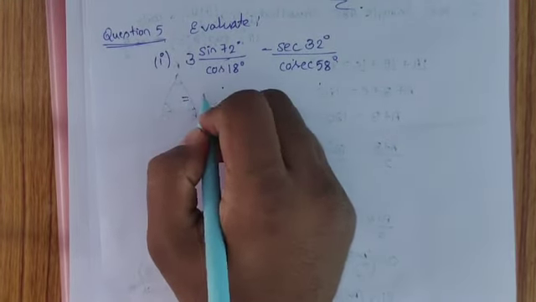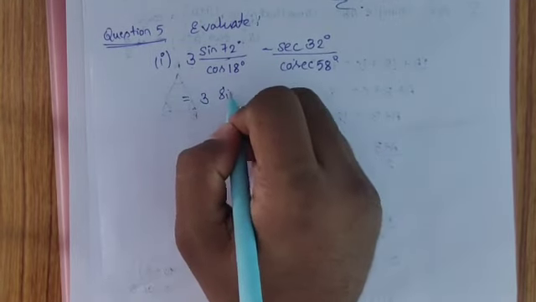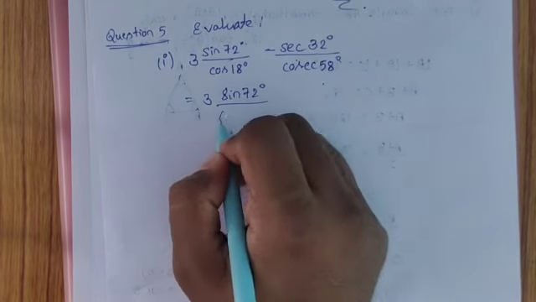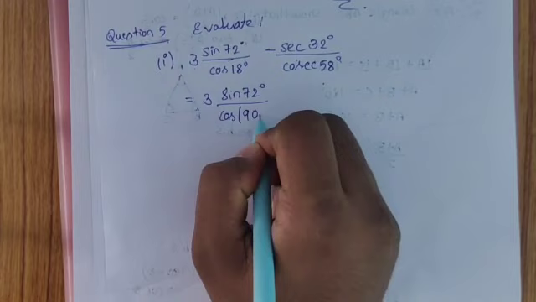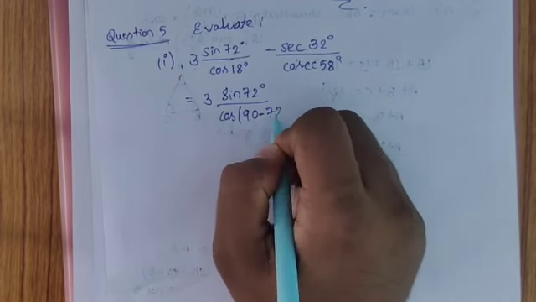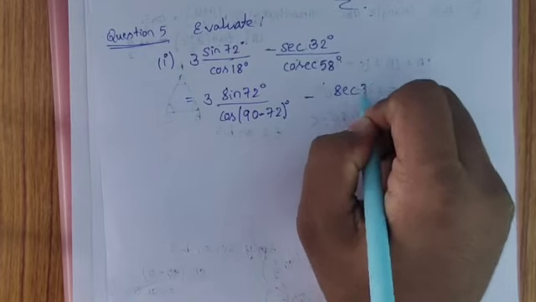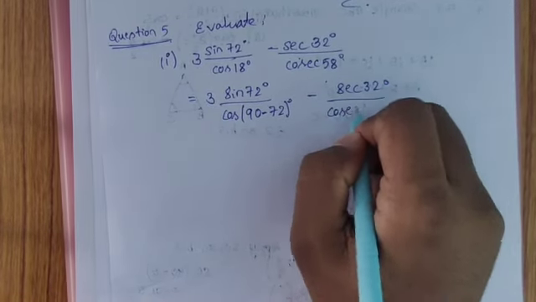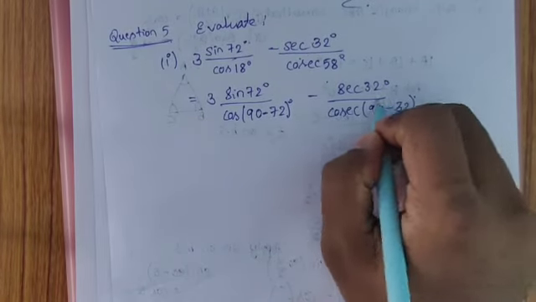So now this will be equal to 3 into, so sin 72 degrees will be written as it is. Now I will change this as cos of 90 minus 72 degrees, minus secant 32 degrees will be as it is. So this can be written as cosecant of 90 minus 32 degrees.